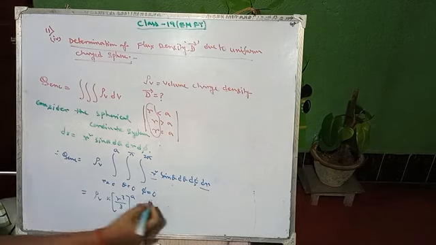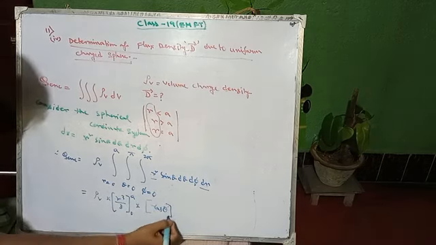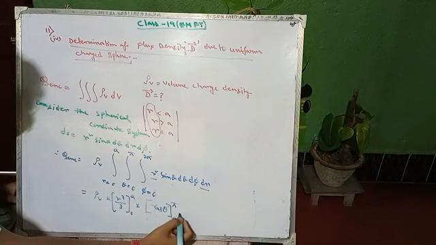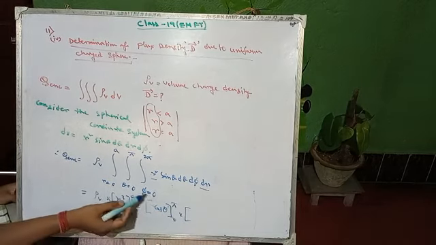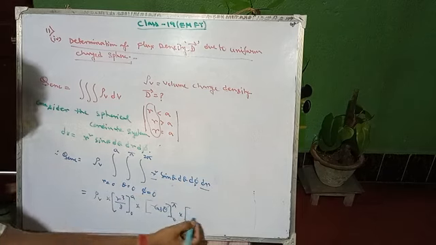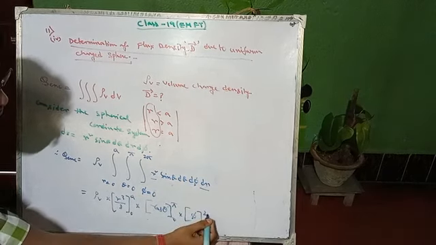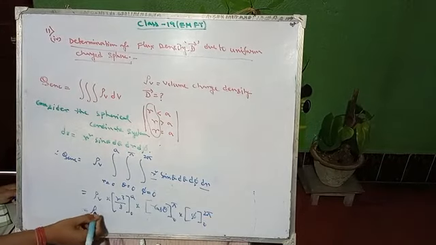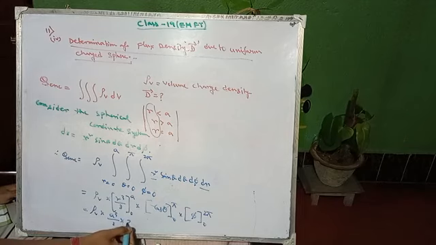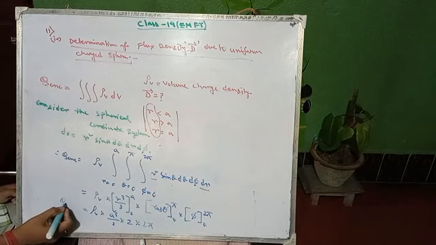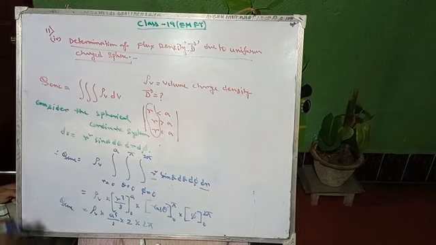It is minus cos theta, which gives 2. Finally, d phi from 0 to 2 pi gives phi, with limit 0 to 2 pi, which gives 2 pi. So now put rho v into a cube by 3 into 2 into 2 pi.